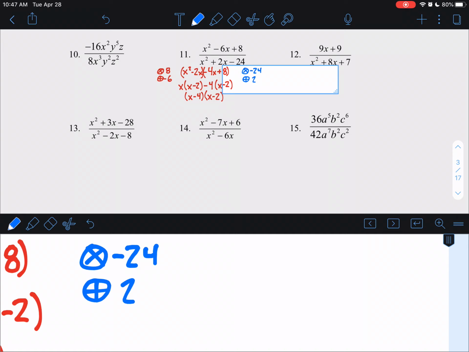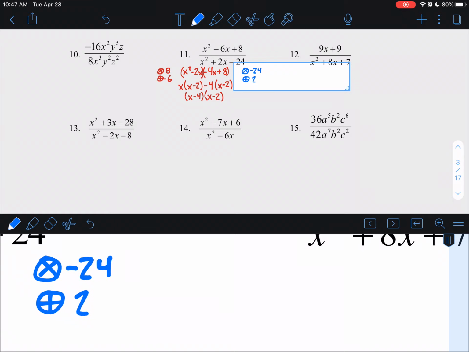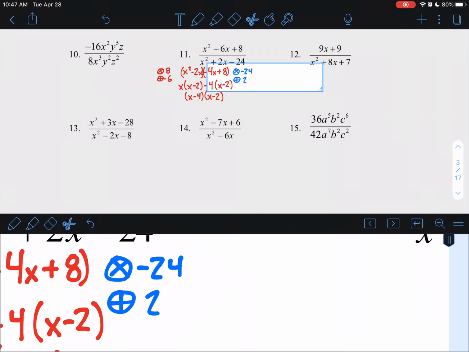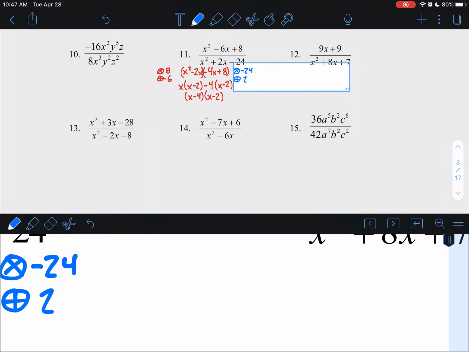That is going to be 6 and negative 4, or negative 4 and 6. It doesn't matter what order you put them in. So x squared minus 4x plus 6x minus 24.